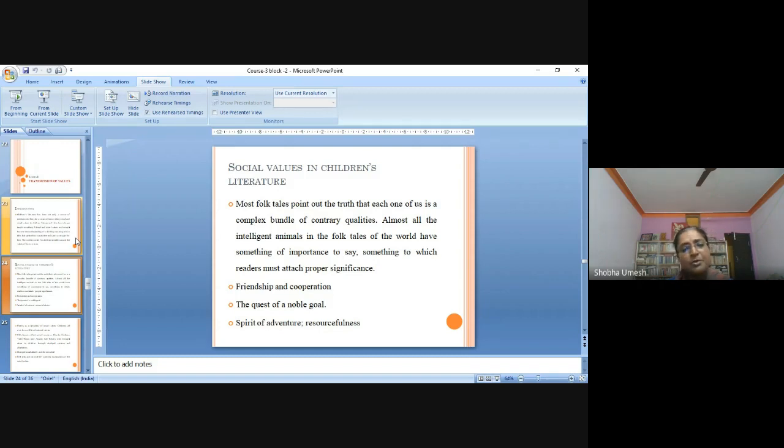We can come across these virtues in some of the stories written in the past in India, in the Panchatantra stories, which exemplify the quality of friendship. Even there, it teaches how a friend in need is a friend indeed.